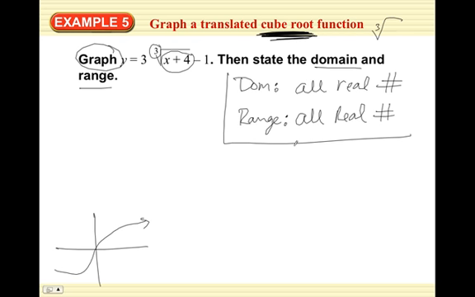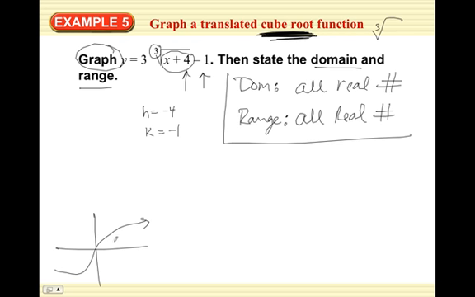So the graphing part, really, you can type that in your calculator, and that also translates this H and K. What is H in this case? H is equal to negative 4, right? Because it's x minus h. So H is negative 4, and K equals, this is negative 1. So this graph would translate negative 4 in the H direction, which is the x direction.